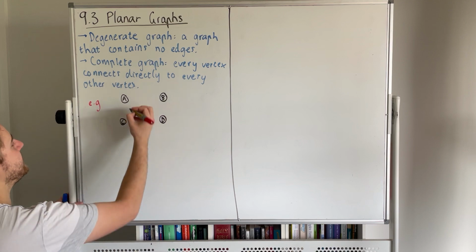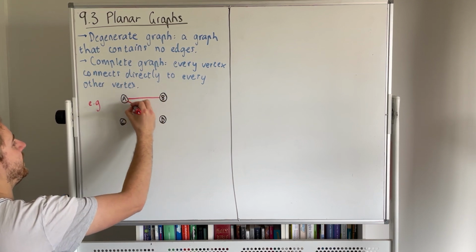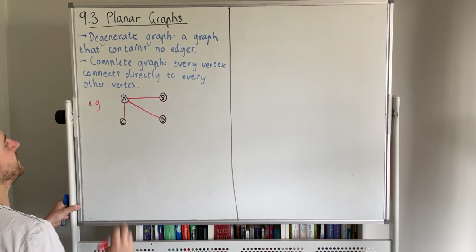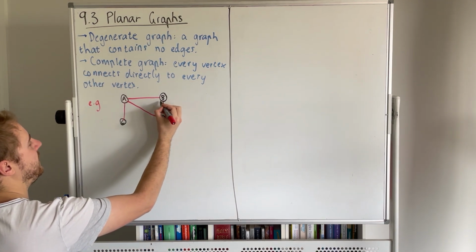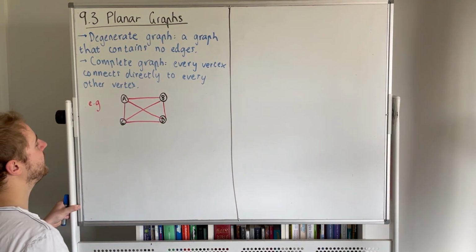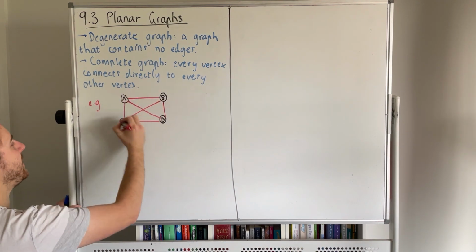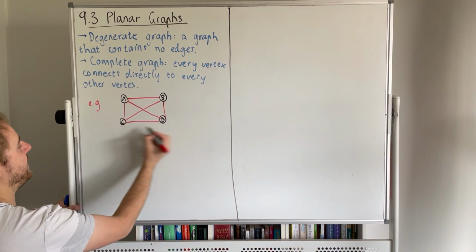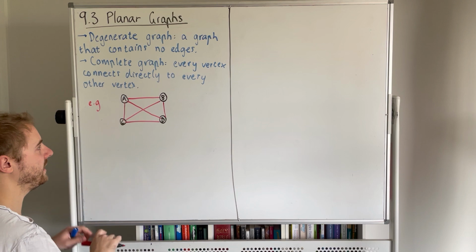All right, so I have 4 vertices. If all my vertices are connected directly with just one edge, then my complete graph will look something like that. So no matter which vertex I'm at, I can get directly to every other vertex via just one edge.